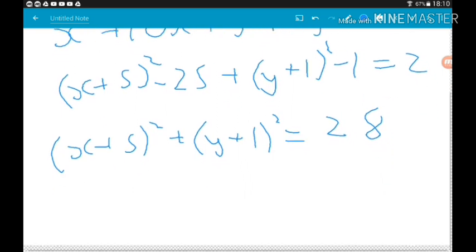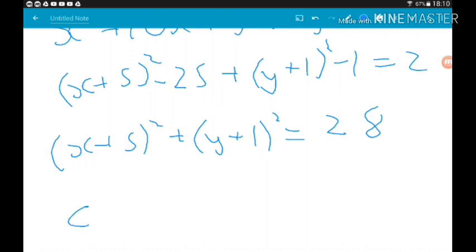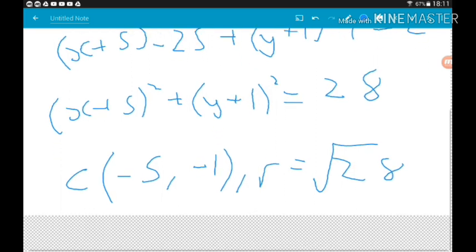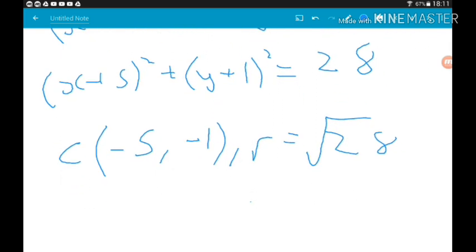So now we can write down the centre, which is going to be minus 5, minus 1, and the radius is going to be root 28, which we could also write as root 4 root 7. Root 4 is 2, so we could say the radius is 2 root 7.